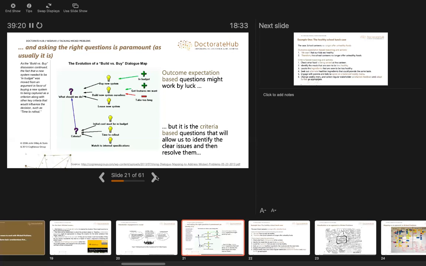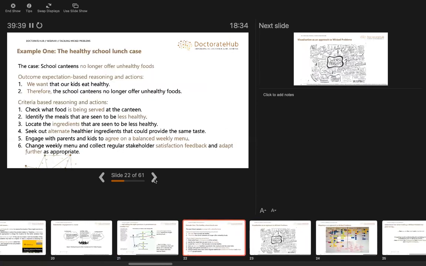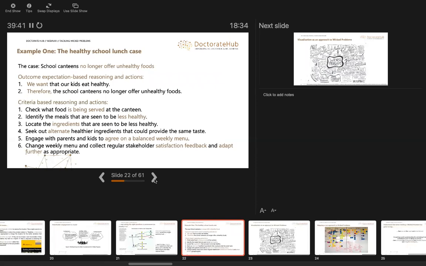So this is a way of criteria-based thinking that will put us down an entirely different way of thinking than working over outcome expectations, and we will use exactly this criteria-based versus outcome-based thinking when we get into the healthy school lunch case. Now, likely the outcome-based expectations are what has driven the people in the case of just taking the decision of no longer offering unhealthy food.